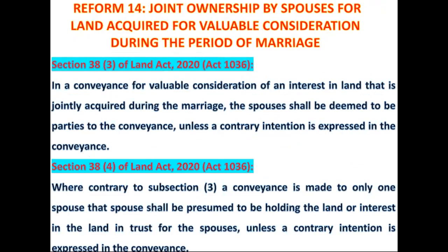But if it's a gift that is being given to you, that is not for valuable consideration. So the other spouse cannot say he's the joint owner of the property. If it's an inheritance, the other spouse cannot claim to be a joint owner of the property, because section 38 only applies in relation to conveyance for valuable consideration. So take note of that.